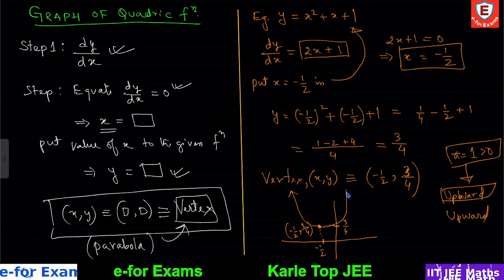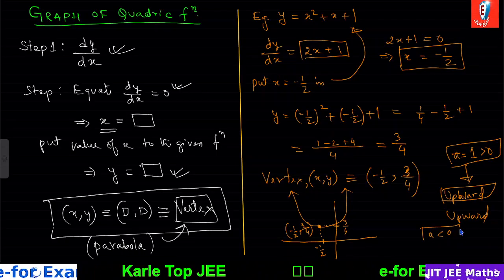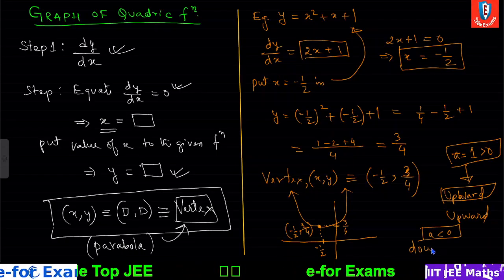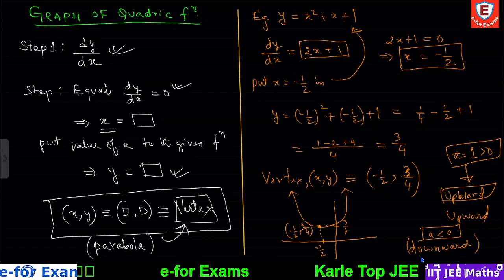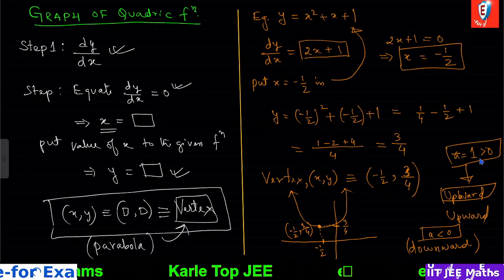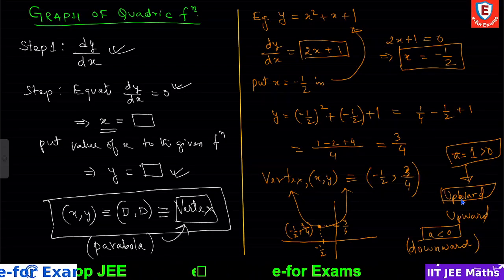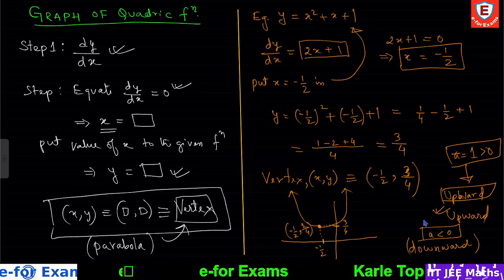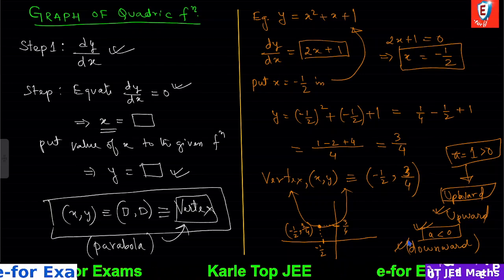This is the graph. If a is less than 0, the parabola will be downward. Since a is equal to 1 here, which is greater than 0, the parabola is upward. If it is negative, less than 0, then it will be downward.